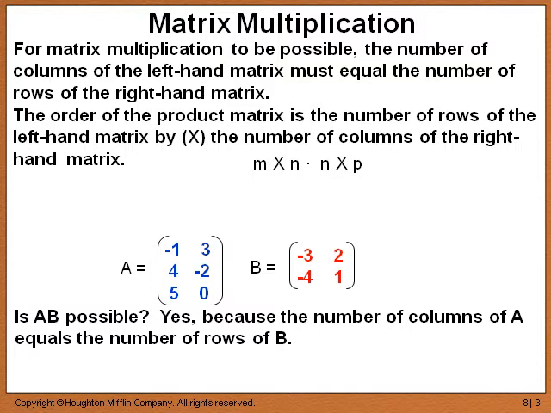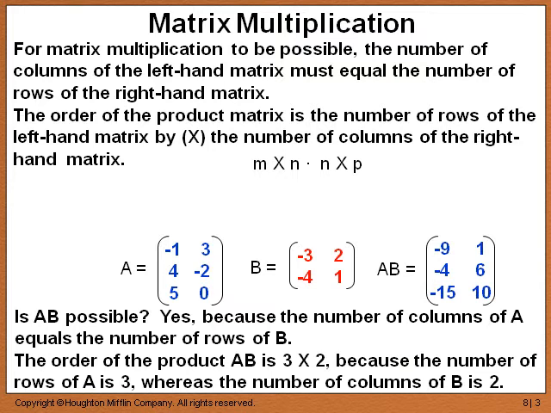Is it possible to multiply A by B? Yes, because the number of columns of A equals the number of rows of B. So here we see that the number of columns of A is 2. The number of rows of B is 2. And so those inner numbers of that M by N, N by P definition, those inner numbers match.